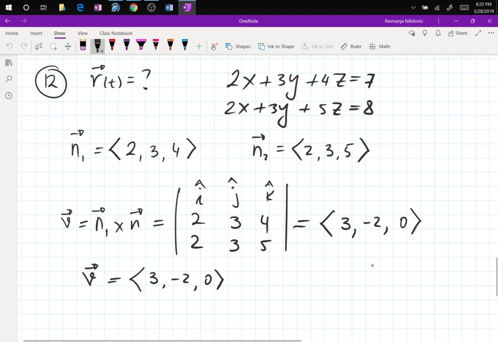Can't we just assign values for x and y, and then find the z? Assign a value, let's say, for x, and then solve the system to find appropriate y and z.